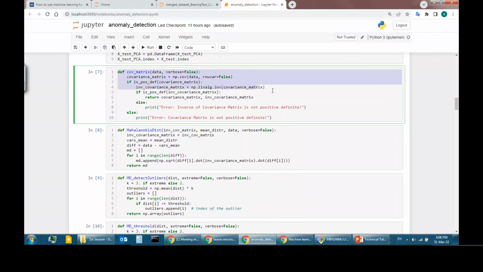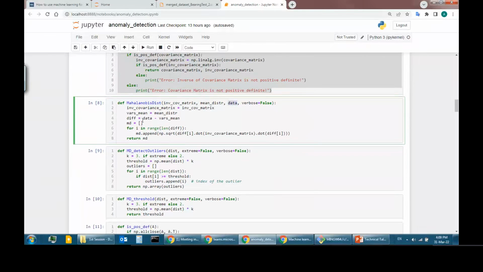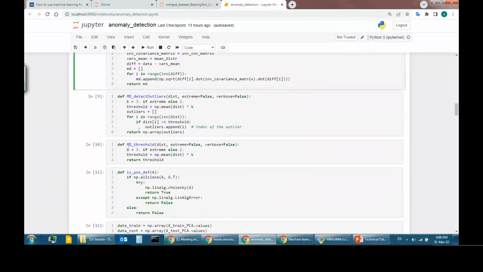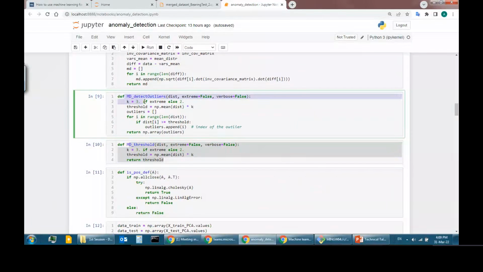When you use the Mahalanobis distance measure, you just provide this matrix, which you calculate from here, and the mean distribution of the normal data and the actual data you want to classify, you want to calculate the distances for. And after you get the distance, you compare it with a threshold, and you decide whether this is an outlier or not. So it's mostly statistical analysis.